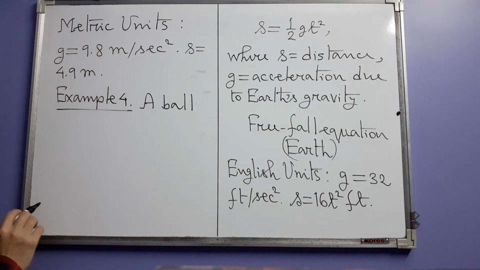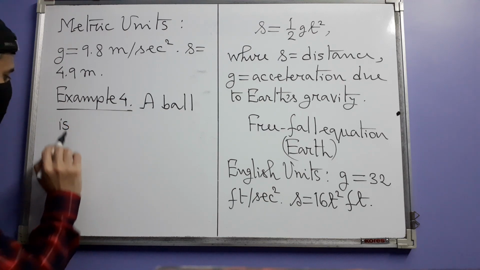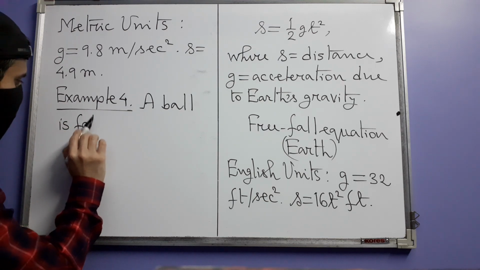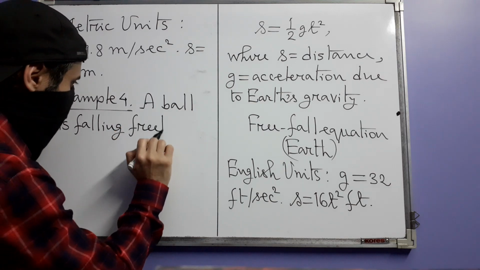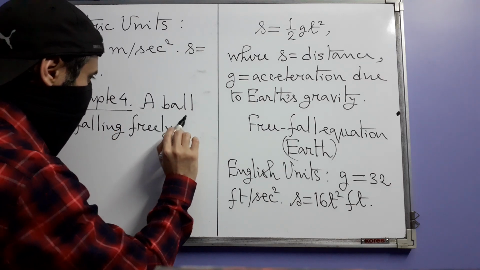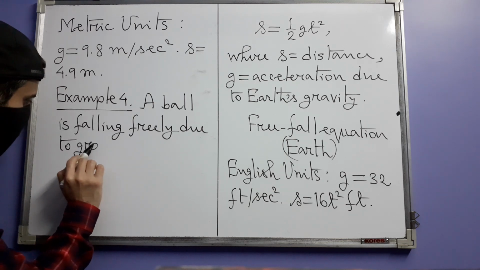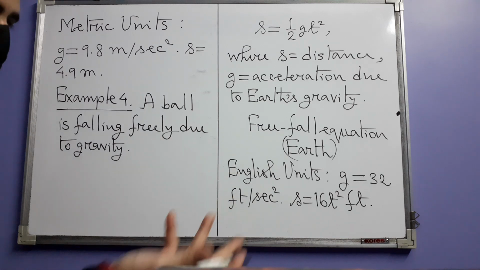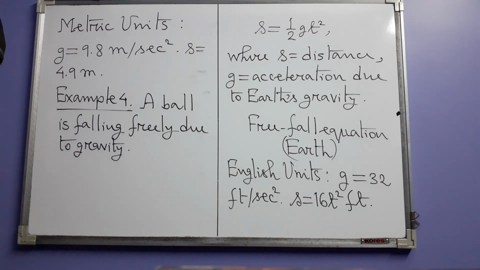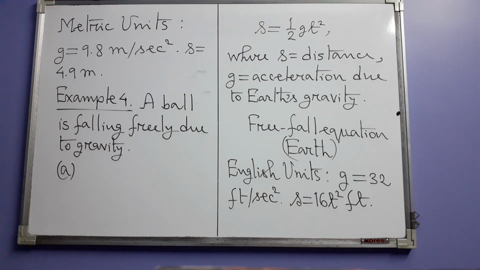A ball bearing, let me just simply write ball, is falling freely due to gravity near the surface of Earth. Part A asks, how many meters does the ball fall?